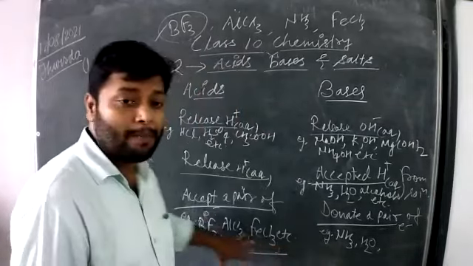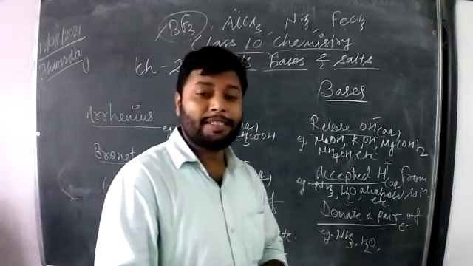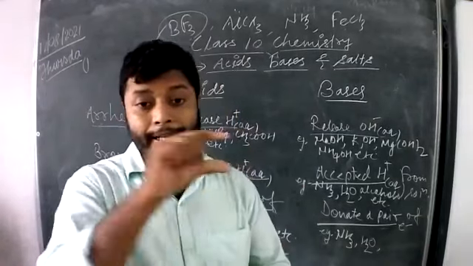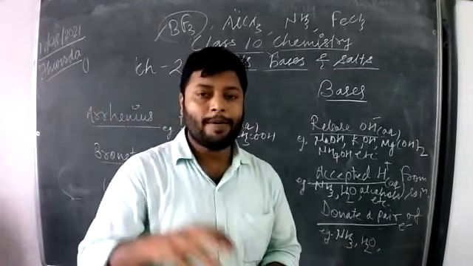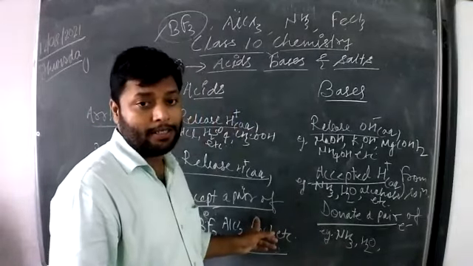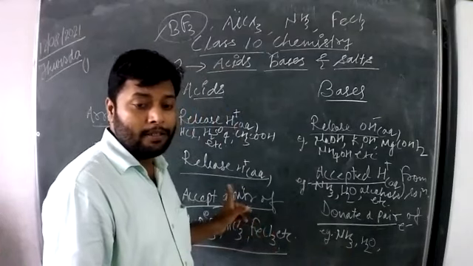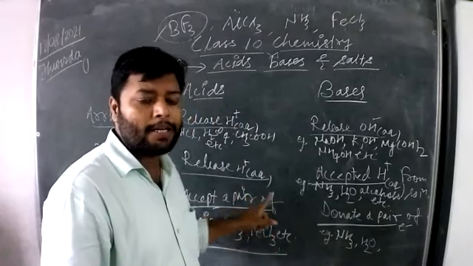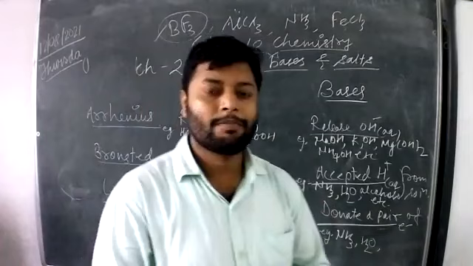But this is a concept of a chemical reaction, so this can only be explained on the basis of reactions. If I take any reaction to explain all these things, then only you can learn how this will happen: they will accept a pair of electrons or donate a pair of electrons.